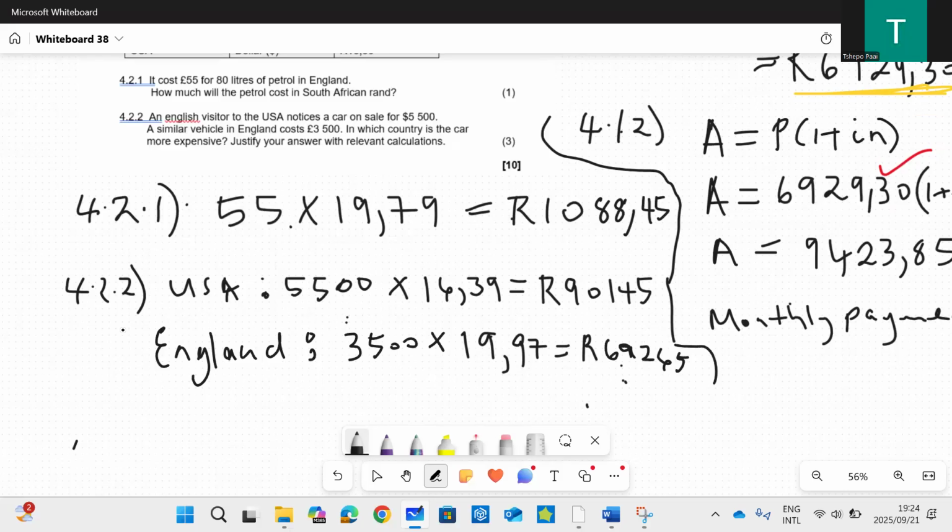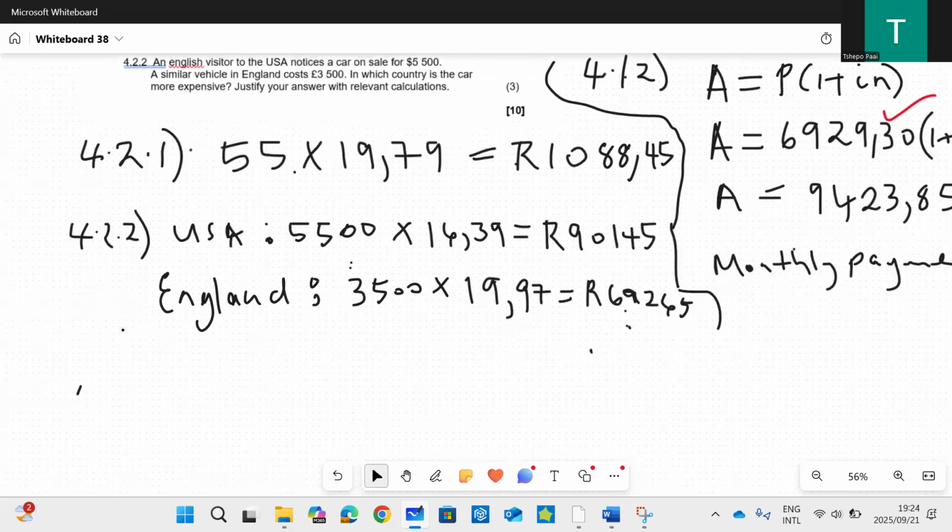Now, it means between England and USA, it is more expensive in USA. And what was the question? In which country is the car more expensive? Justify your answer with relevant calculations. We saw in our calculations that in USA we are spending 90,145. In England, it's 69,265.